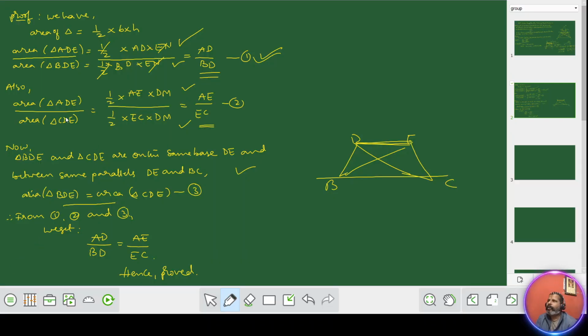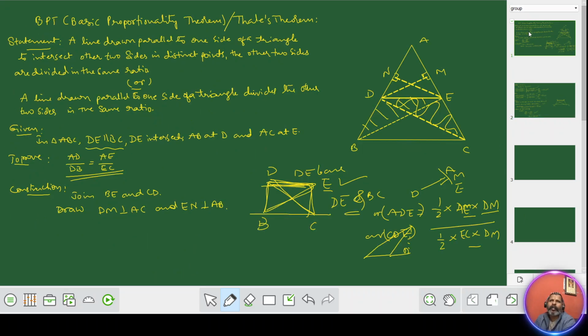Now left hand side all are equal, therefore right hand side should be equal. I'm calling this as 3. Therefore from 1, 2 and 3 we get, since LHS are equal, RHS should be equal. This is a mathematical concept. Therefore we write what is to be proved once again: AD by DB equal to AE by EC, hence proved.